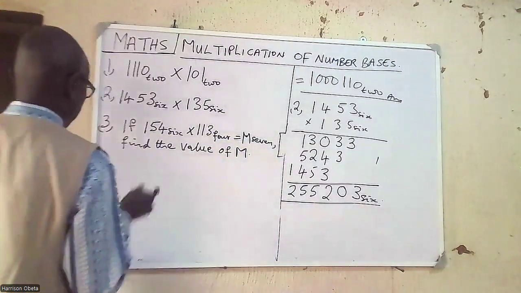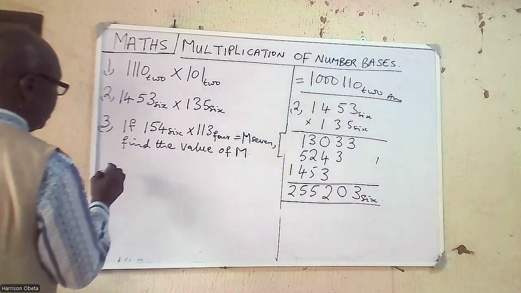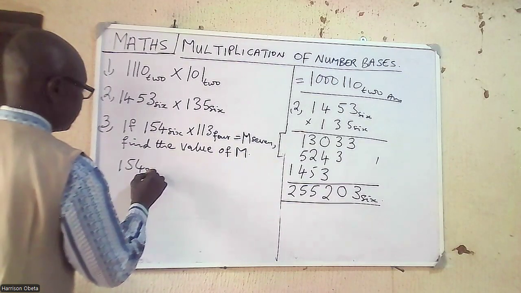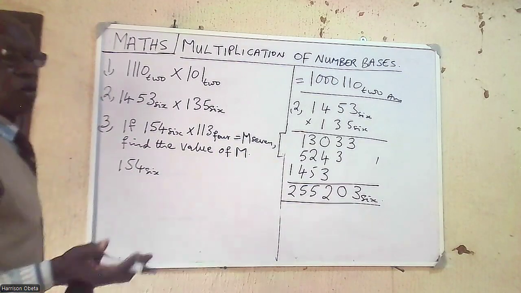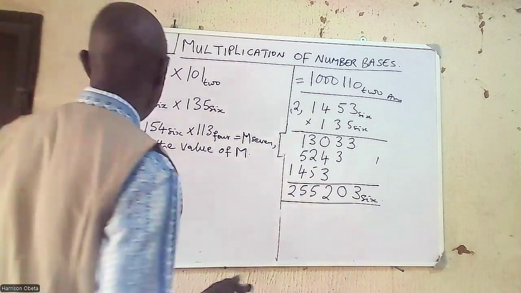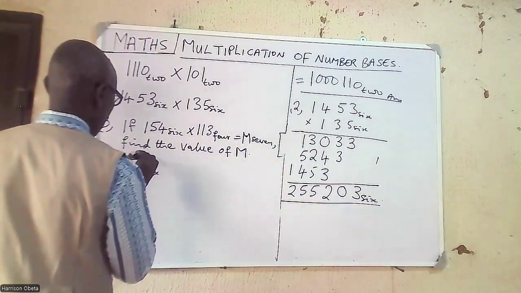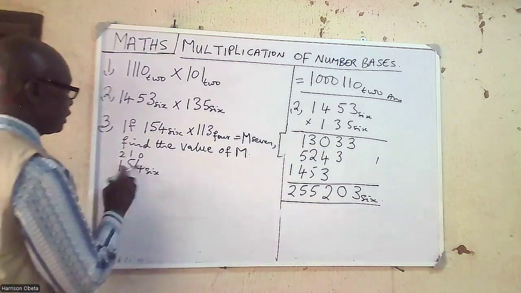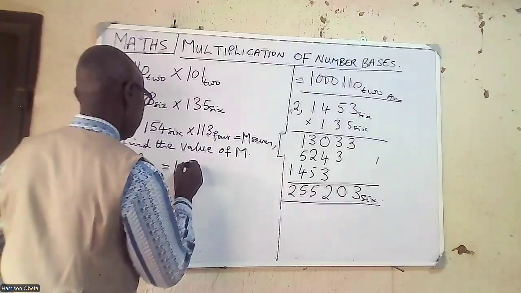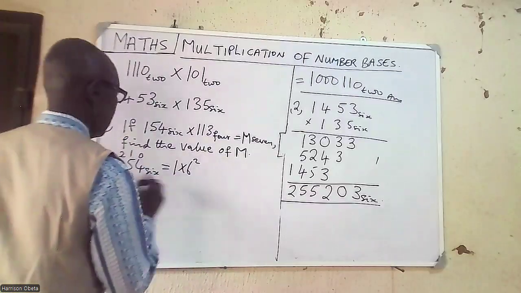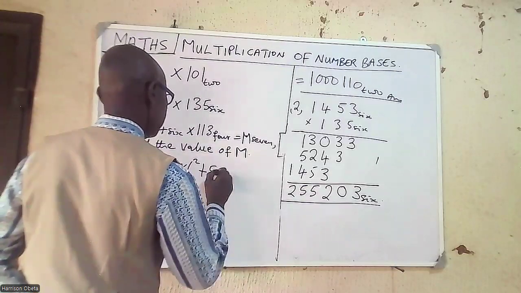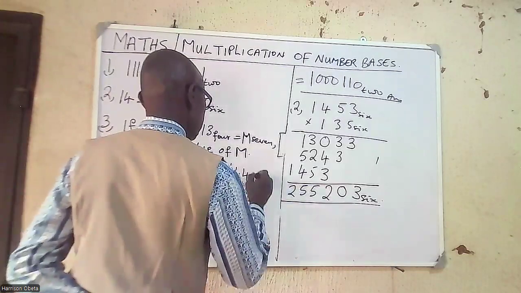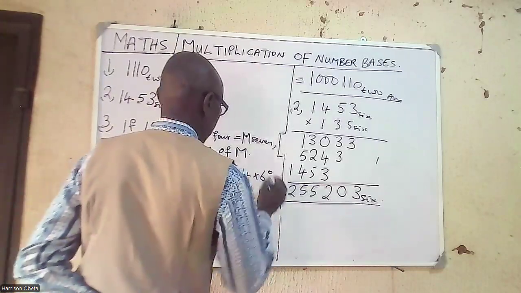So number 3 now, we have 154 base 6. We use our normal method of converting to base 10. That is 0, 1, 2. These values represent the powers of 6. So that means 1 times 6 squared plus 5 times 6 raised to 1 plus 4 times 6 raised to 0.